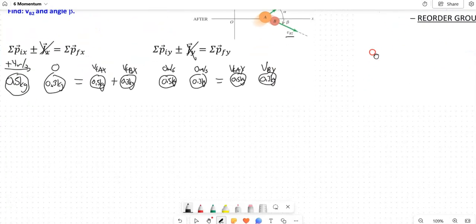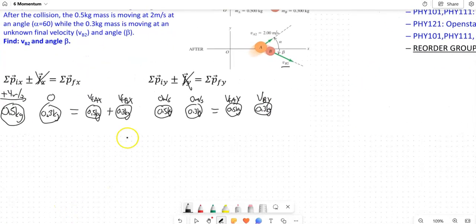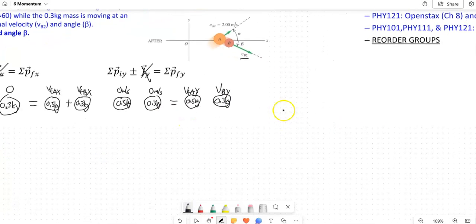So what we need to do is plot out these velocities after the collision. Let's do the 0.5 kilogram ball first.